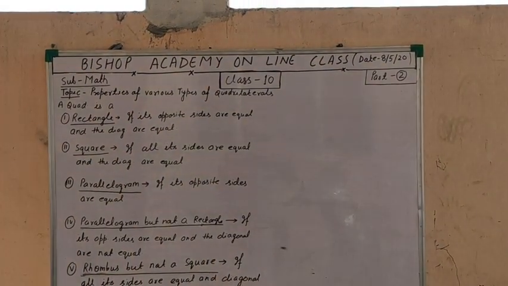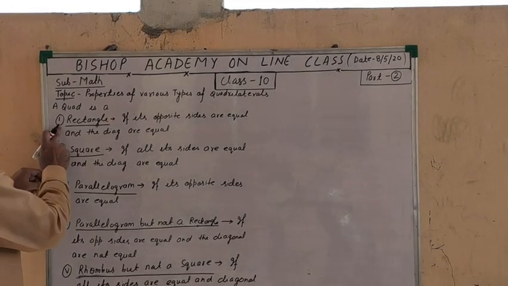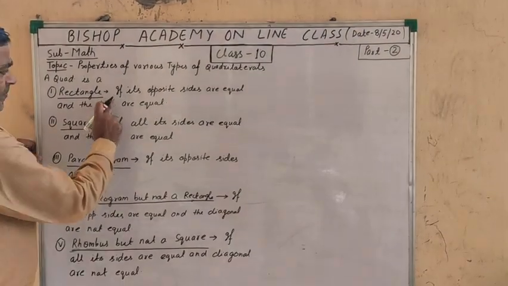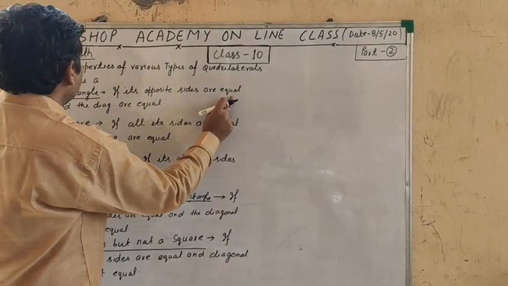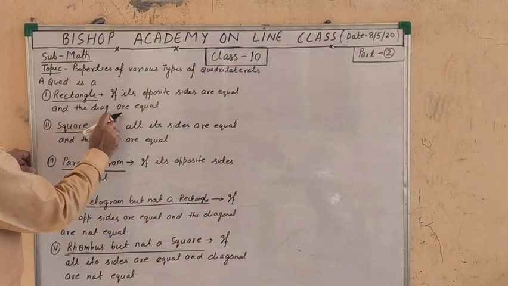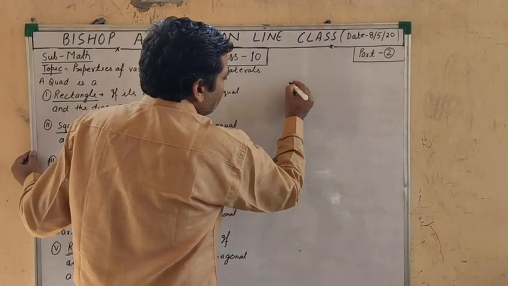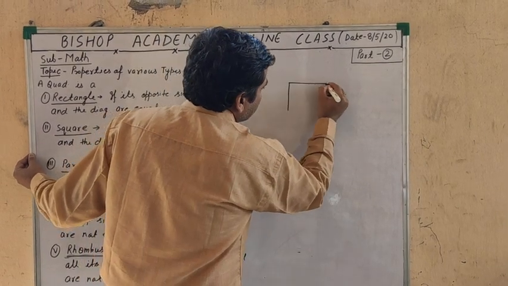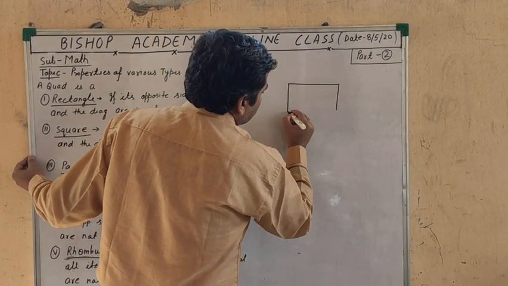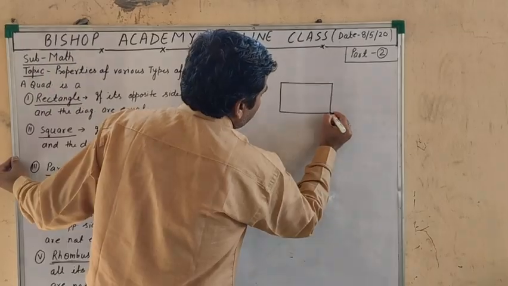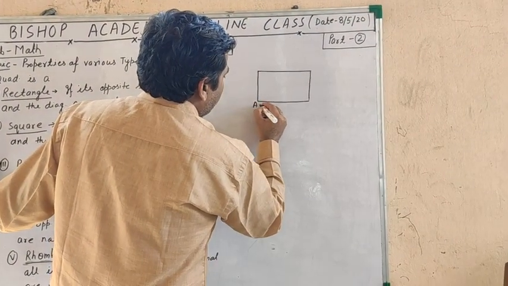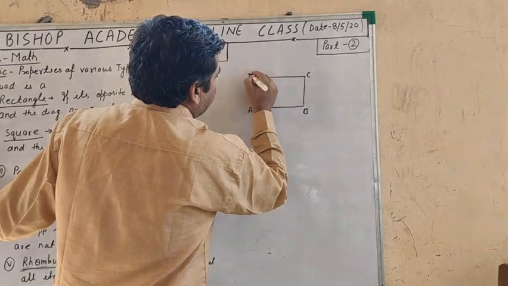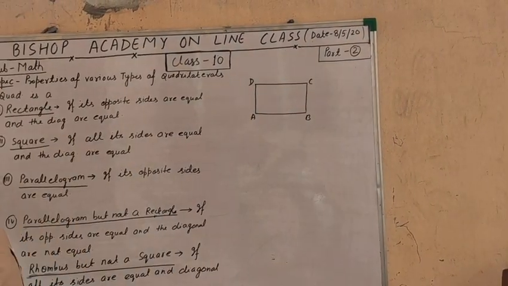A quadrilateral is first a rectangle if its opposite sides are equal and the diagonals are equal. ABCD is a quadrilateral.